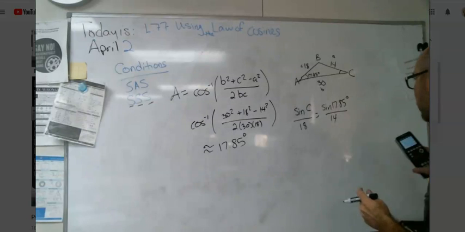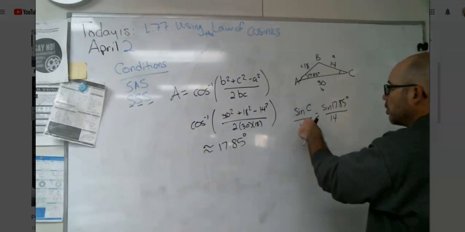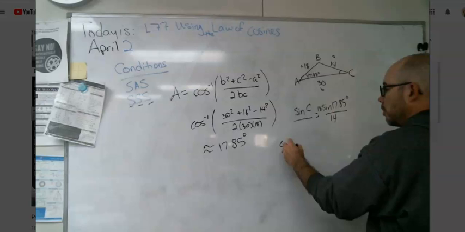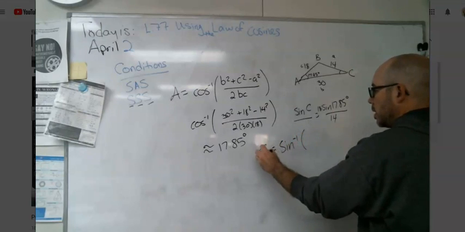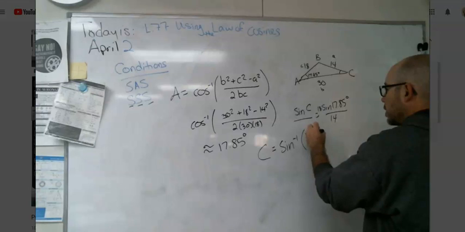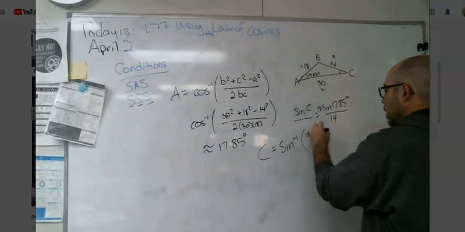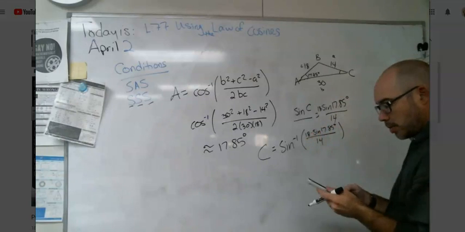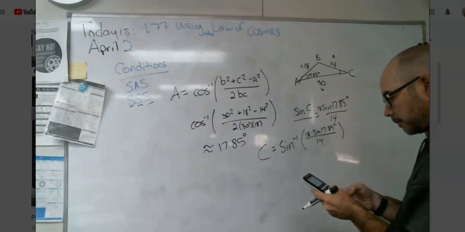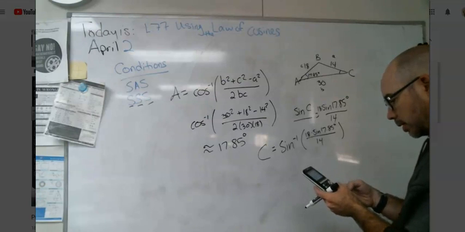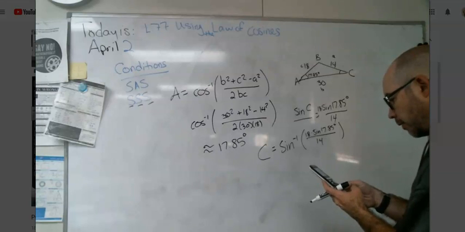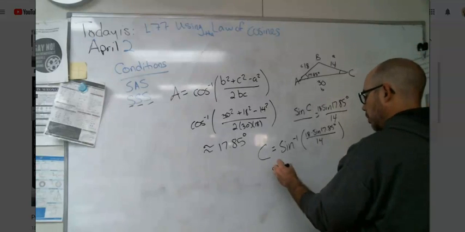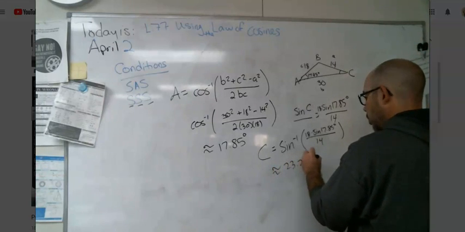I'm using my little analogies here, and then all I have to do is multiply both sides by 18, and then take the inverse sine of both sides, so that C equals the inverse sine of 18 times the sine of 17.85 over 14, and my calculator will be happy to do the math there. 18 times the sine of 17.85 over 14 in parentheses equals about 23.21 degrees.